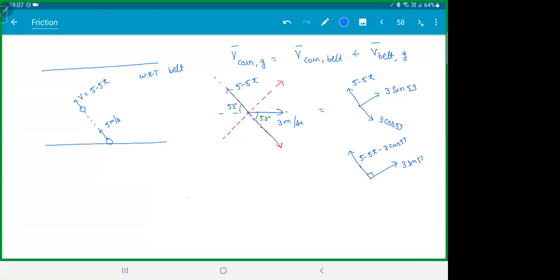So the resultant speed, the velocity of the coin in the ground frame, will be root over, square and add these two: 5 minus 5t minus 3 cos 53 whole square plus 3 sin 53 whole square. This is the speed of the coin at time t.